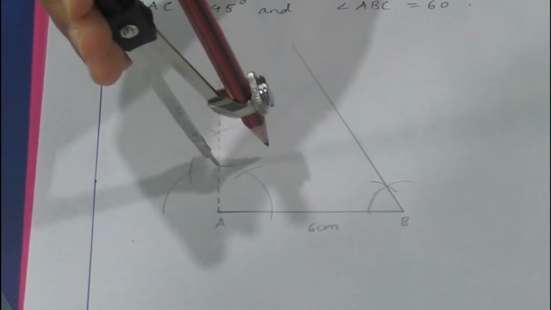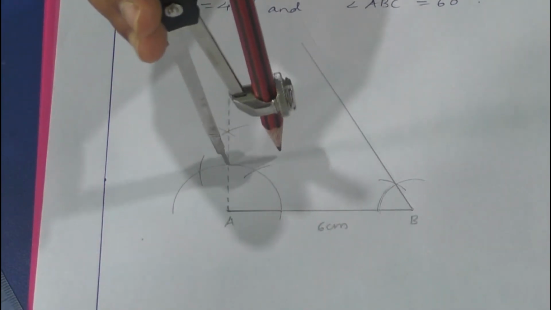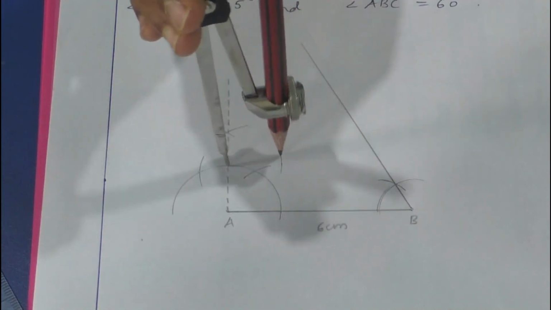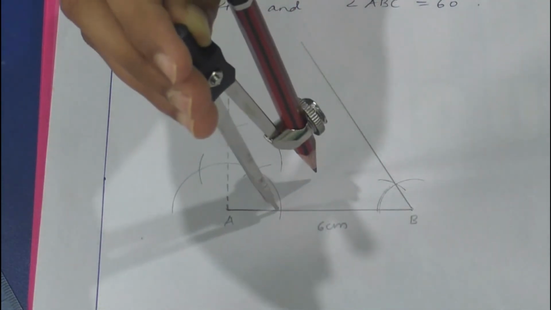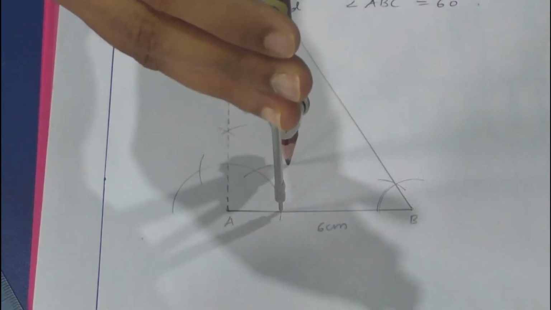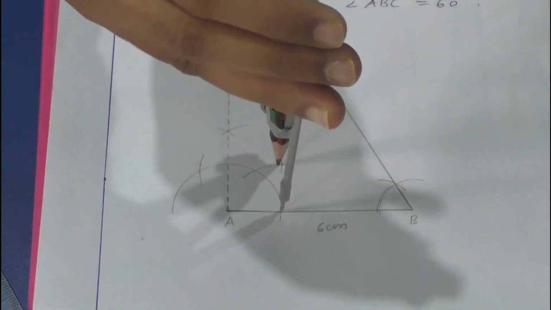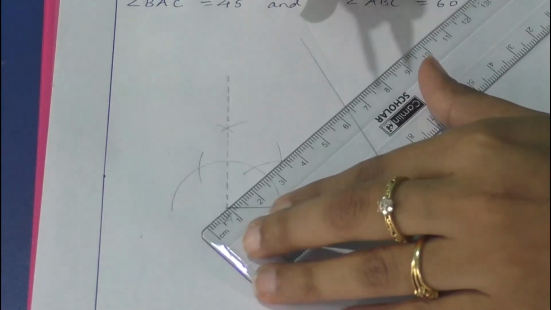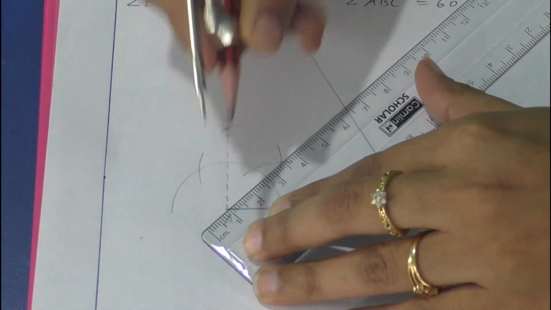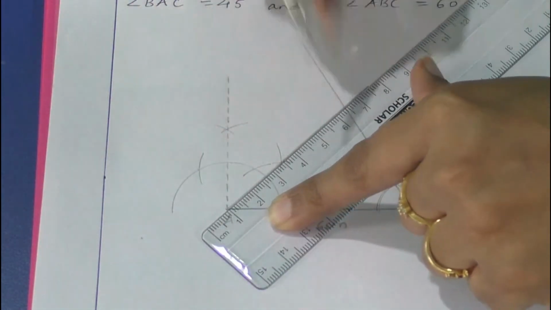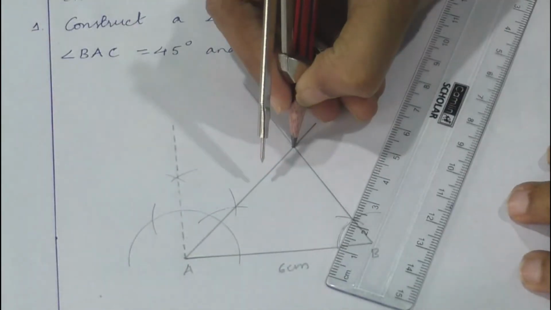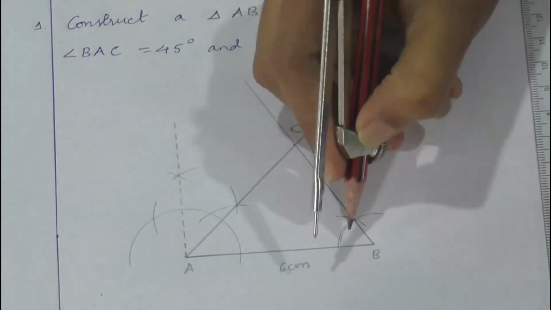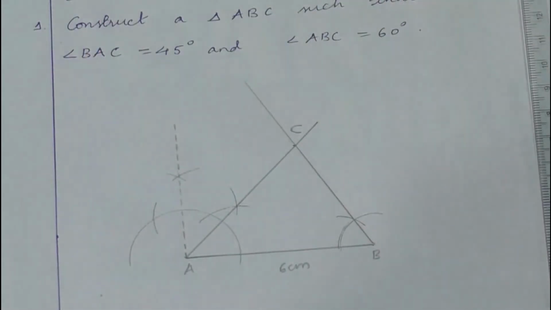So we know that half of 90-degree is 45-degree. So in order to draw 45-degree, cut one arc with this point here and with this point here, cut the arc, and now let's join A and this point, and the point what we got here is C. So this is 60-degree and this is 45-degree.